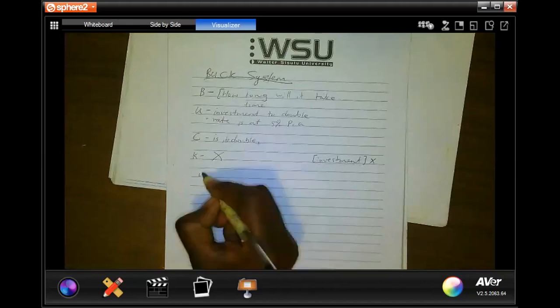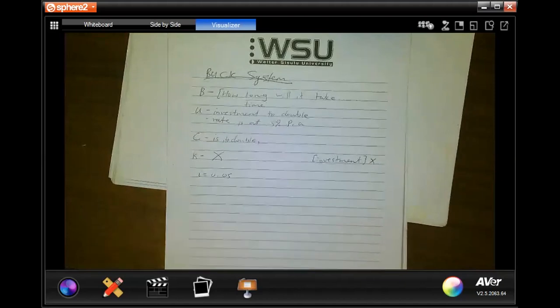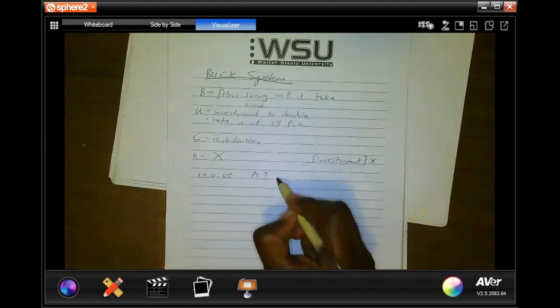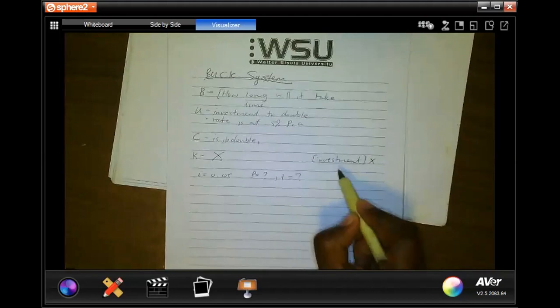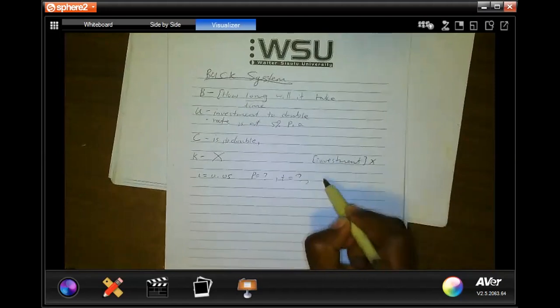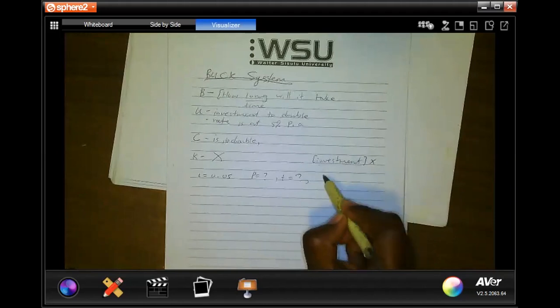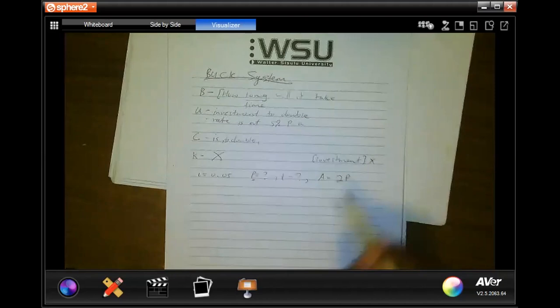We have I, which is 5% per annum. We have an unknown P. We want to calculate T, and we know that whatever the value of P is, A is double that.